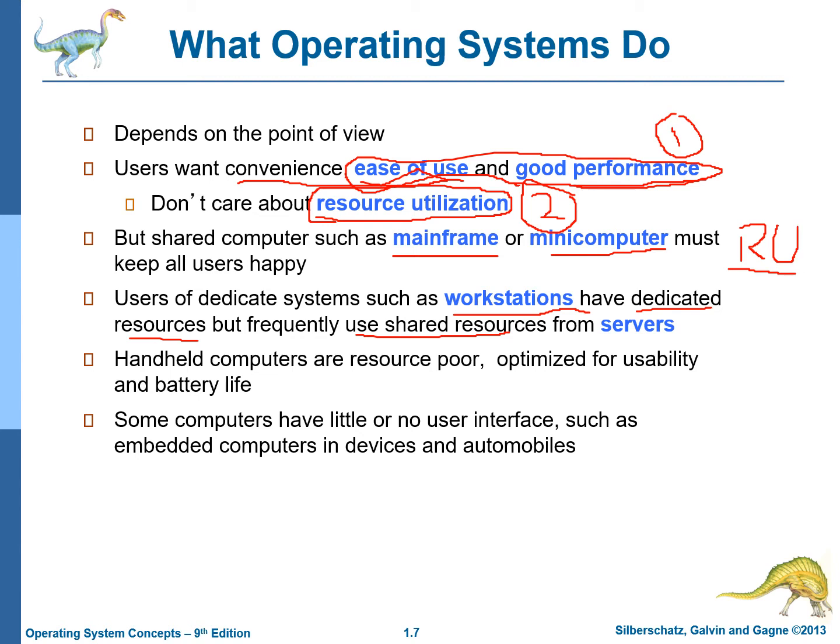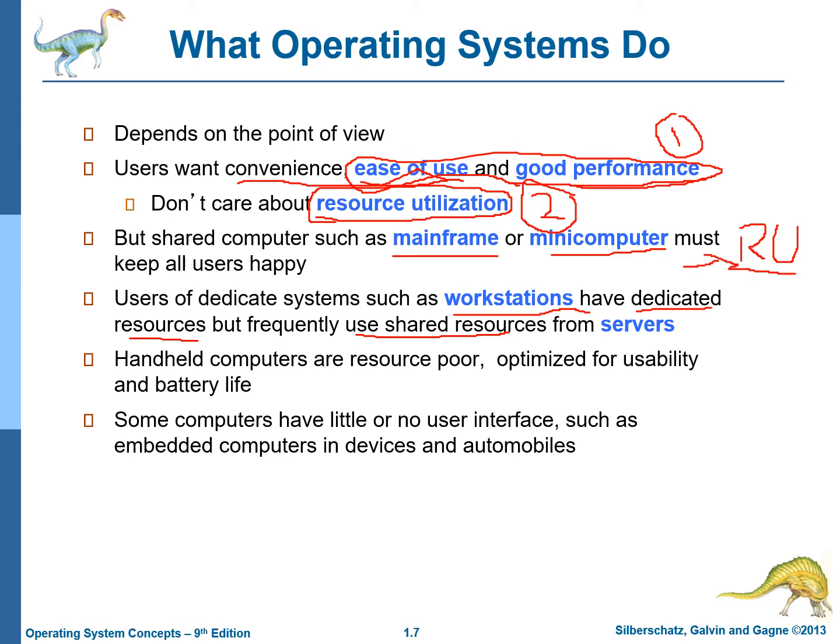Okay, so this is the primary goal of an operating system, to provide good performance and to provide effective resource utilization. But this objective varies with the type of the operating system. If the operating system is running in a personal computer or a desktop, it only tries to provide good performance or good user experience, and it will almost neglect resource utilization. Whereas in a mainframe computer, the operating system will try to maximize the resource utilization.